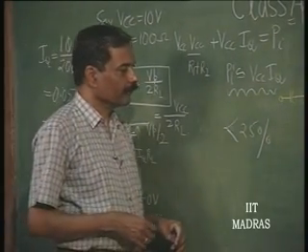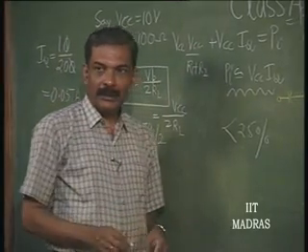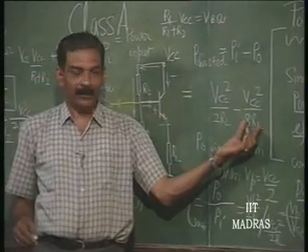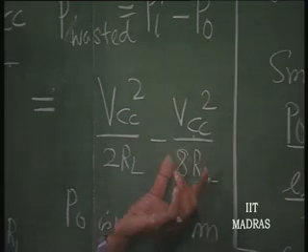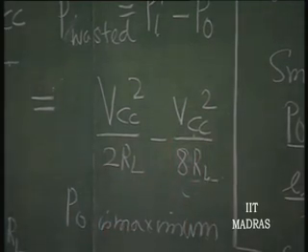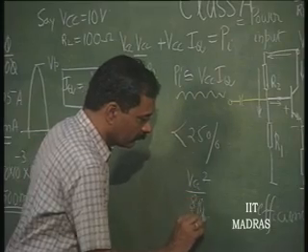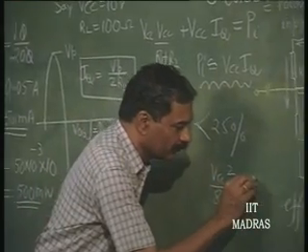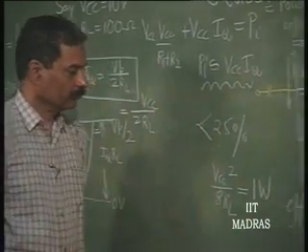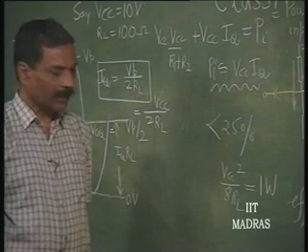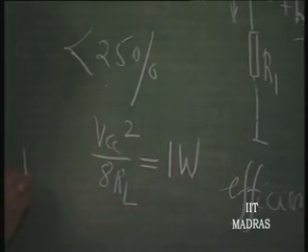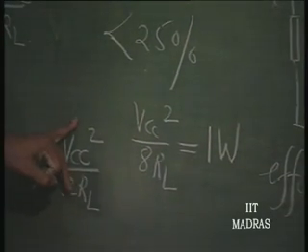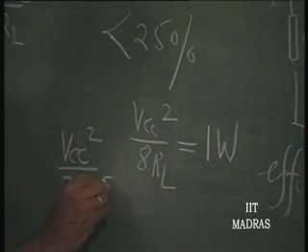What does it mean? If I want this 25%, that is this power V c c squared by 8 R L, to be the useful power, let us say 1 watt, then V c c squared by 2 R L is going to be 4 watts.